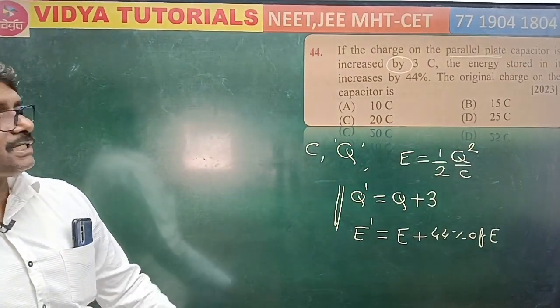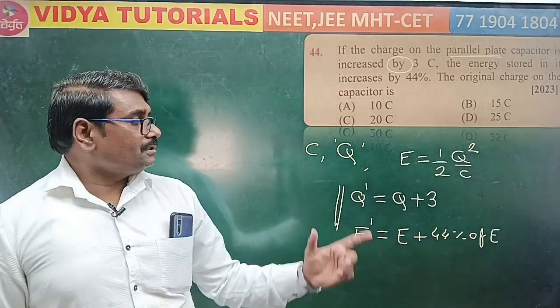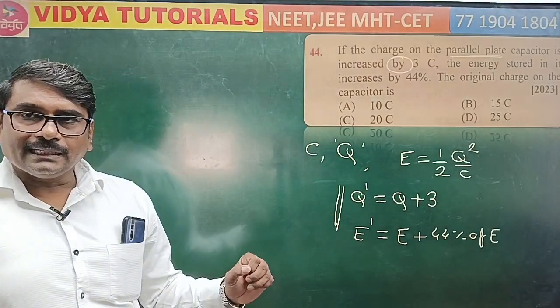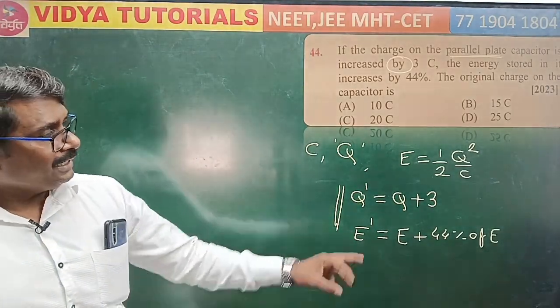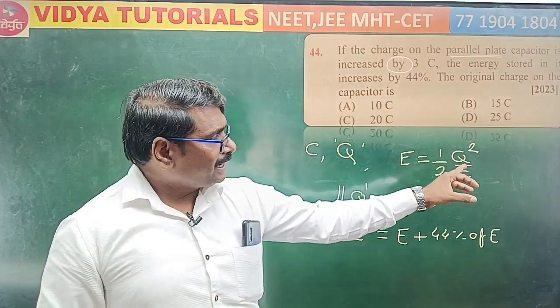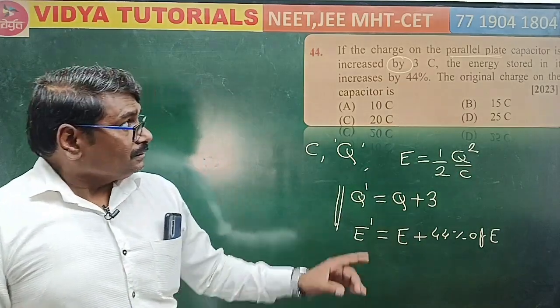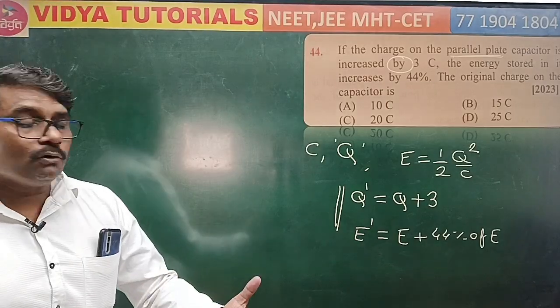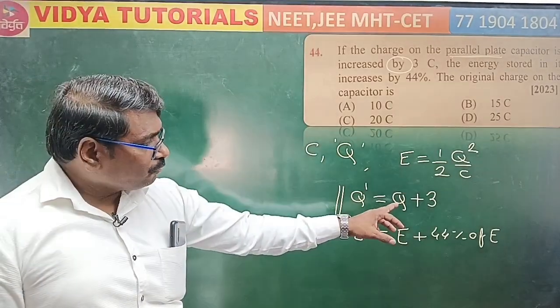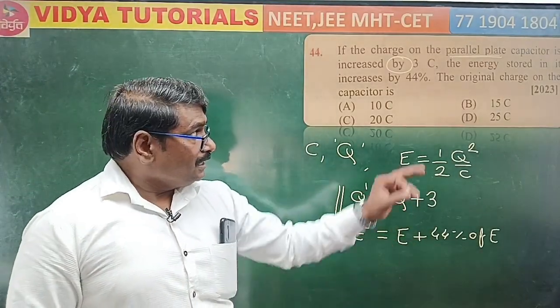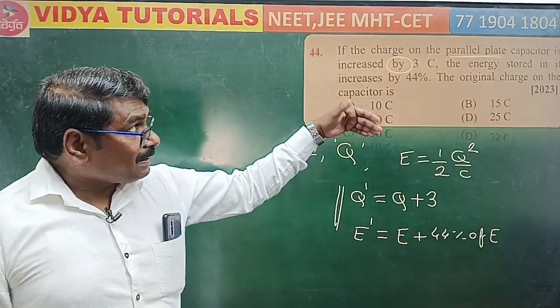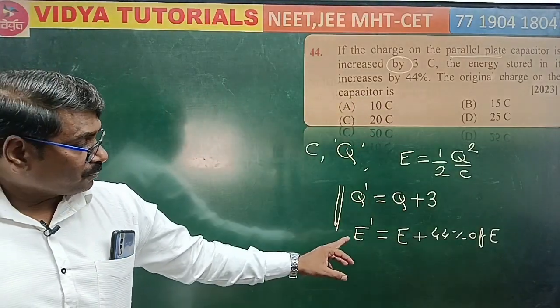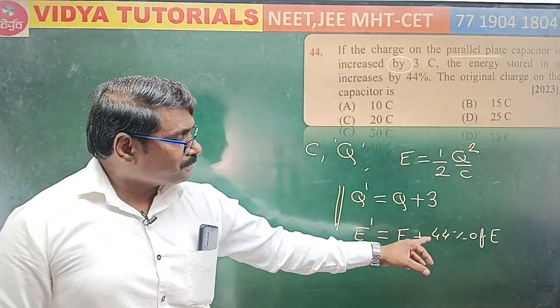The first condition is that we consider a charge Q, capacity C, energy half Q square by C. The condition says that charge is increased by 3 coulomb. Therefore, new charge is equal to original charge plus 3. Energy is increased by 44%. Therefore, new energy is original plus 44%.